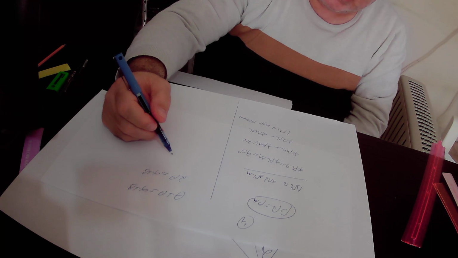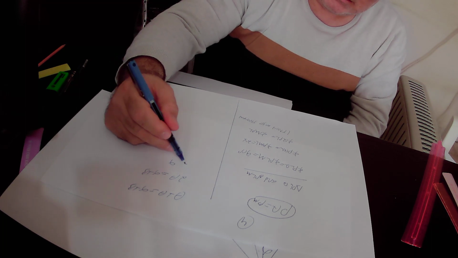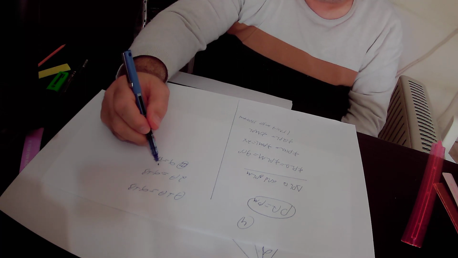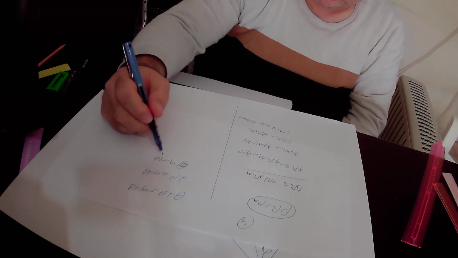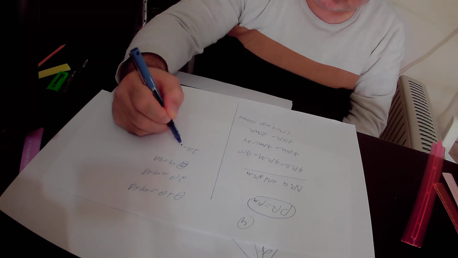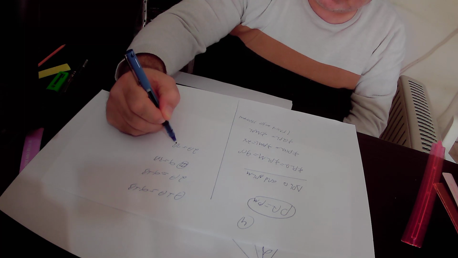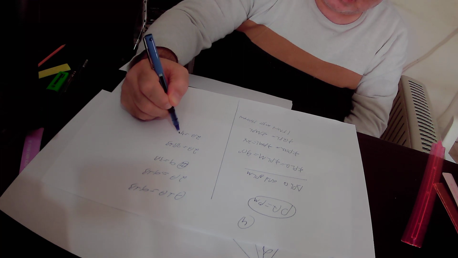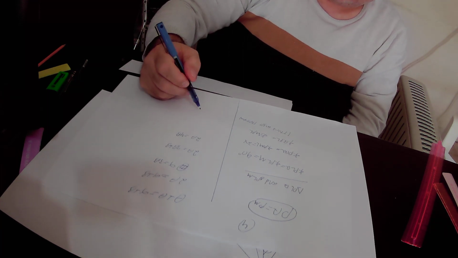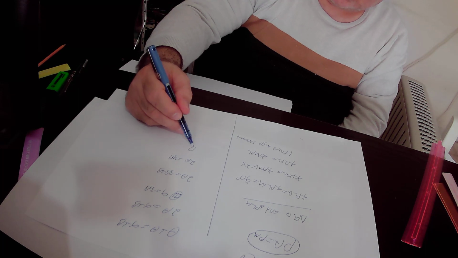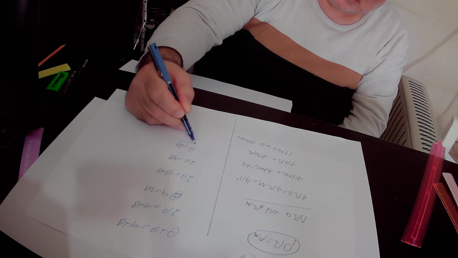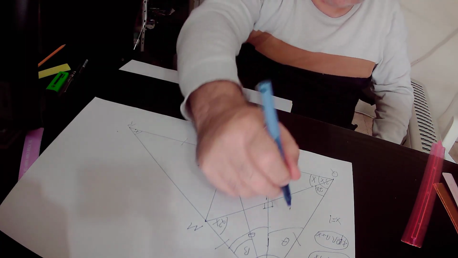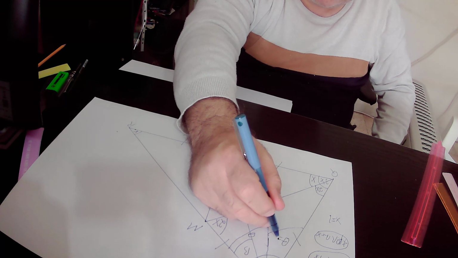According to equation number 3, alpha equals 3 beta. So we can substitute alpha by 3 beta, and we will get that 2 theta equals 3 beta plus beta, which is 4 beta. We divide this equation by 2 and we will get that theta equals 2 beta. So we can write here that theta equals 2 beta.